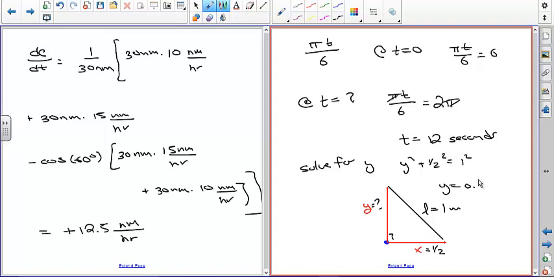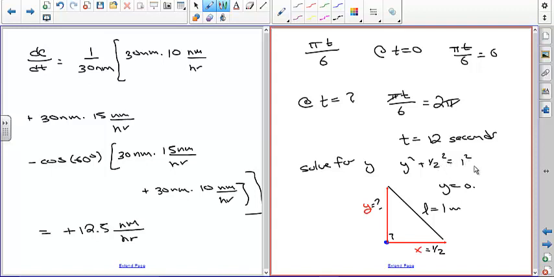Let me try, 0.125 square root. No. Okay, so what you can do is take 1 squared, which is 1, and subtract 1/2 squared, which is 1/4.